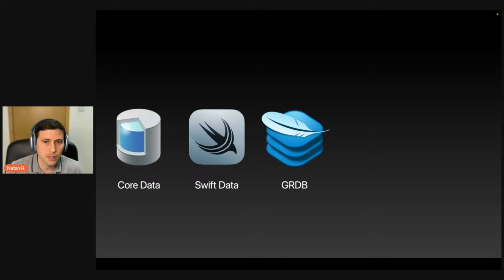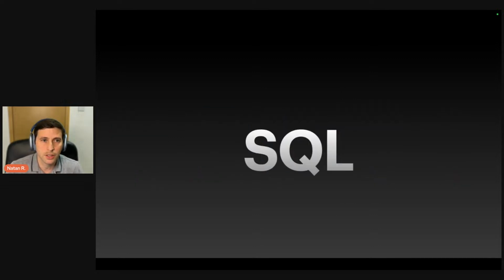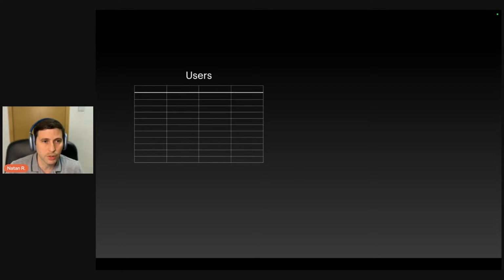SQLite directly. And if you program server applications, probably you use Postgres, or Fluent as an ORM on top of Postgres, for example. And they all have one thing in common. They're all SQL based. So they're relational databases. And their mental model is very straightforward. For each object you want to store, you define a different table in the same database.